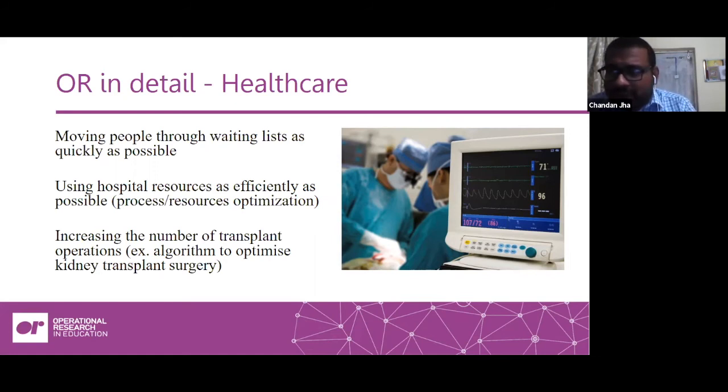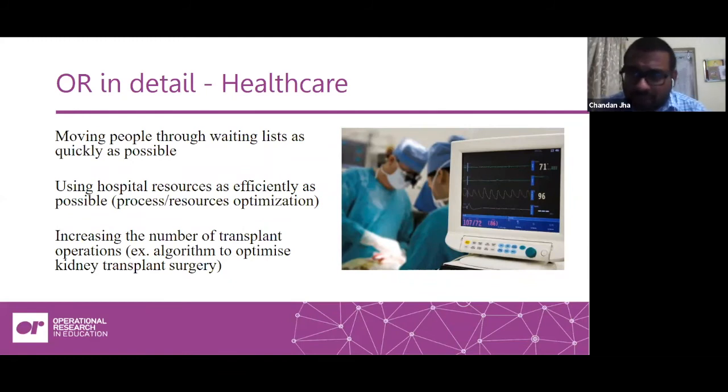So how to minimize the queue length to provide better experience to the patient, or minimize the time, so that they can get better service in very little time. Then using the hospital resources. Hospital resources means the staff available, and within staff there are senior doctors, consultants, junior doctors, nurses. So how to use all those resources efficiently.